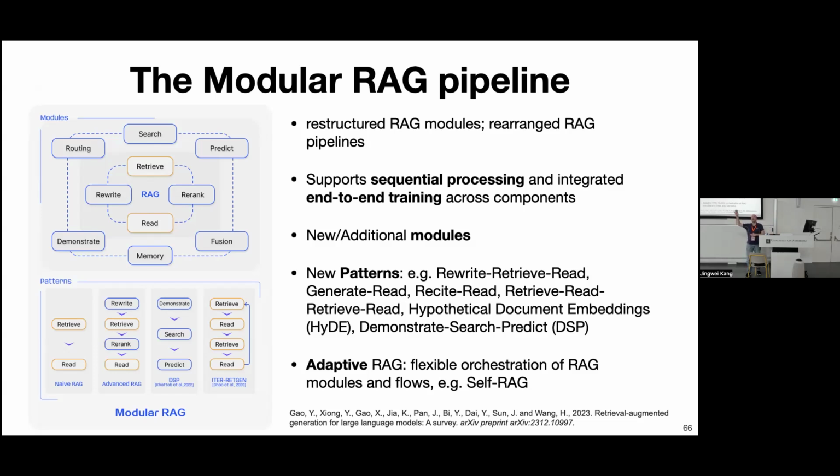I should use a more lightweight component if the query is easier, or a more complex component because the query is more difficult. Or maybe I shouldn't retrieve at all, and should rely on the model parameters. An example of that adaptive pipeline is self-RAG.